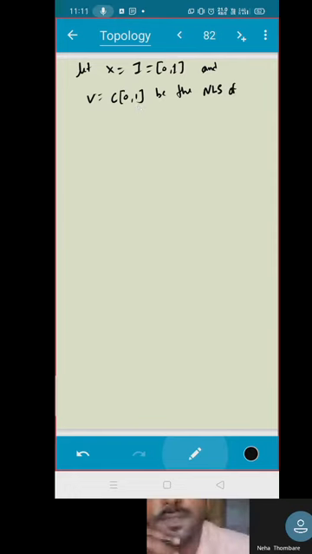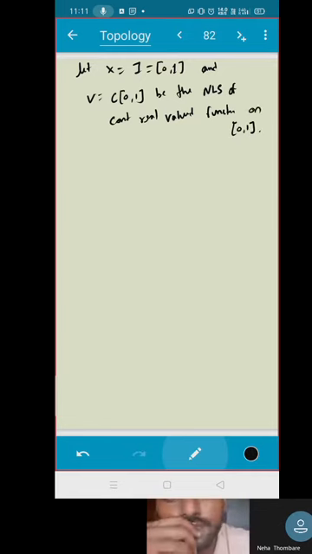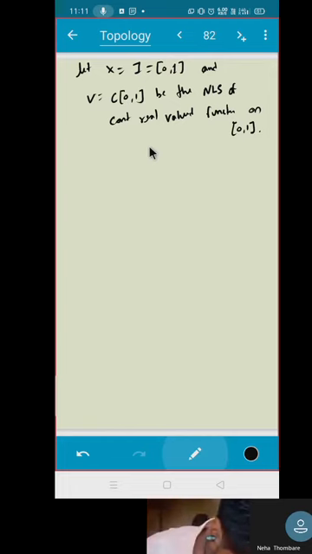C01 means continuous real valued functions on the interval 0 1. So this is the space I'm having under the sup norm.